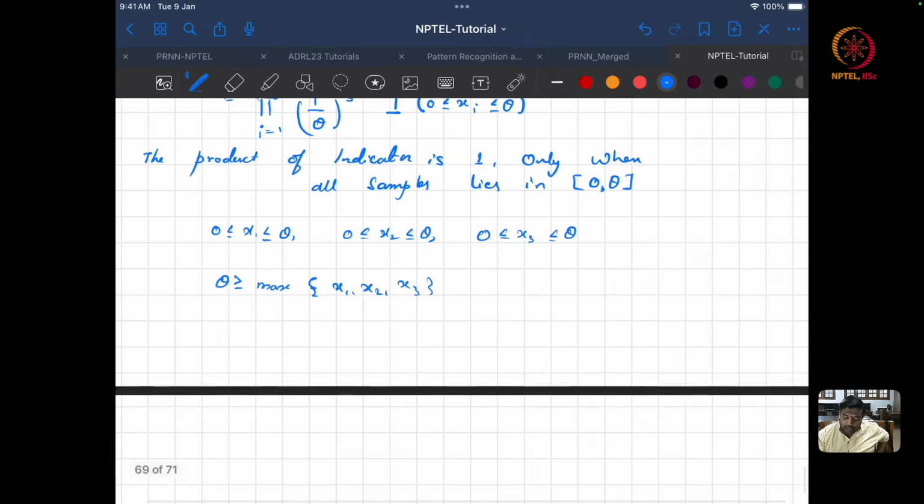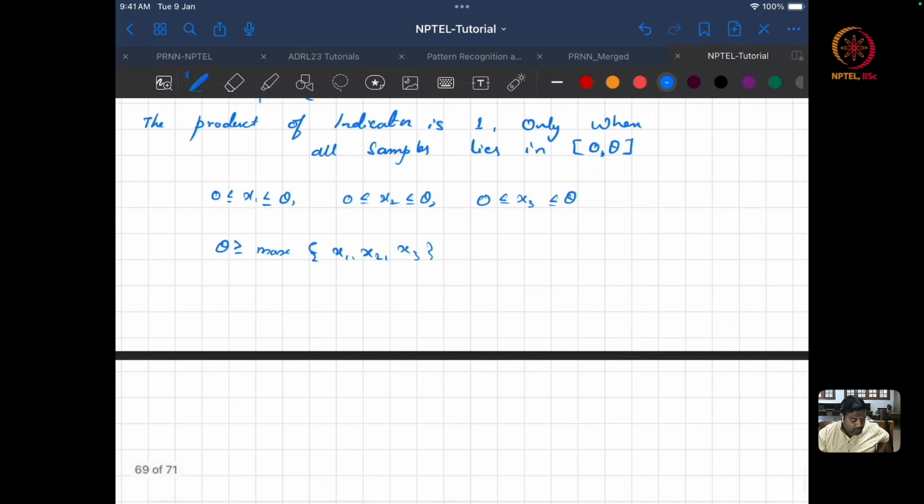Now this makes total sense. If this has to be satisfied, the theta value should be greater than the maximum of these. Okay, now what does it mean? Then the product of all these indicator random variables is 1 when theta is greater than 2.2, 0 otherwise.